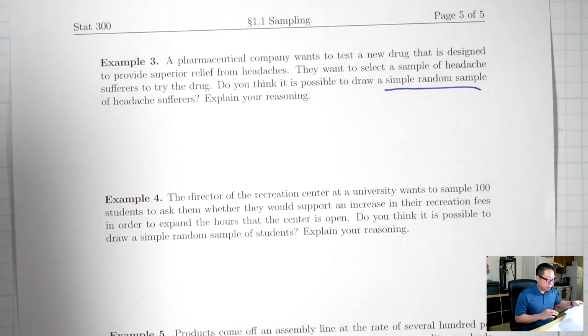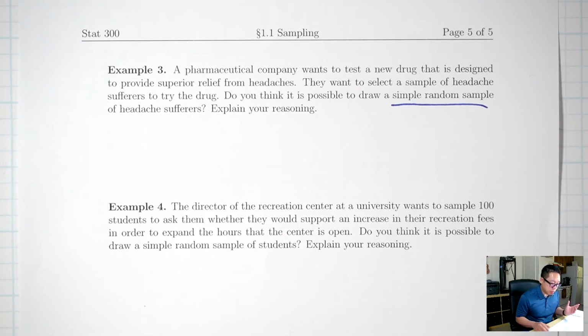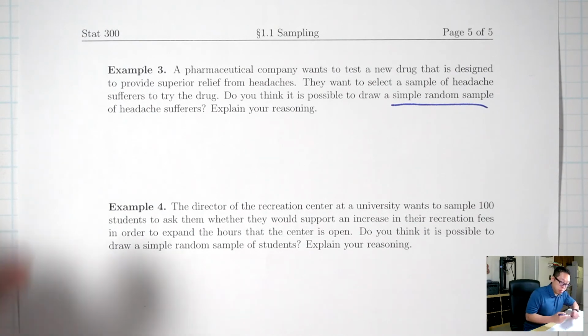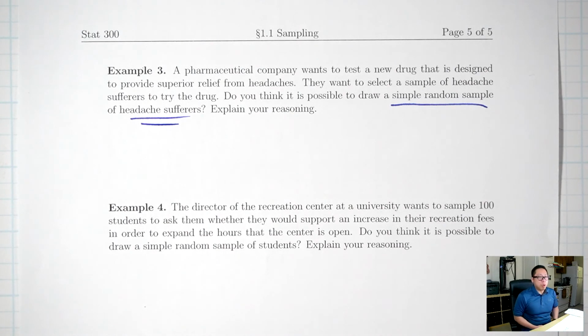Now, that's really the question here. The population I care about here are the headache sufferers. Is it possible for you to get a list of every headache sufferer? That's kind of hard, right? There's not a list out there of everybody who is a headache sufferer.